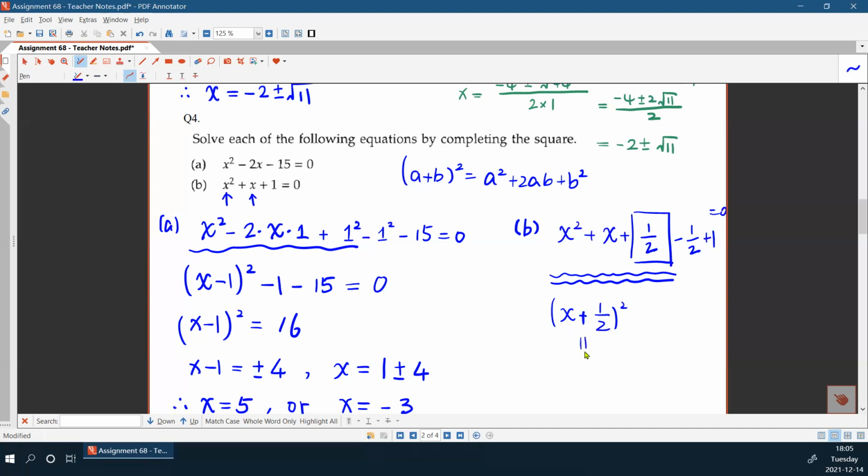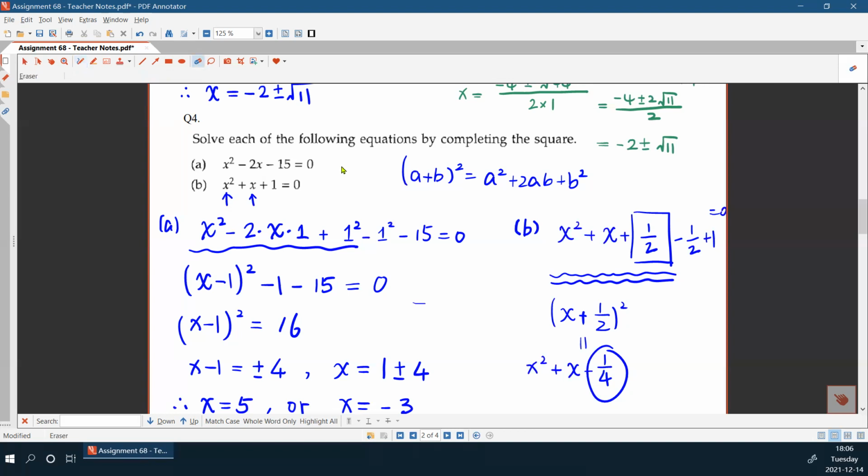If you think of completing the square like this, if you expand it, you will get x squared plus 2ab, which is x, right? And then plus 1/4. There is no 1/4, right? Because you put 1/2 here, not 1/4. Can you see the mistake?